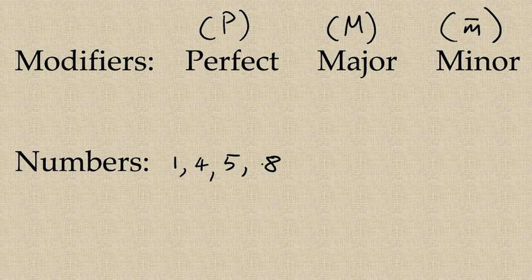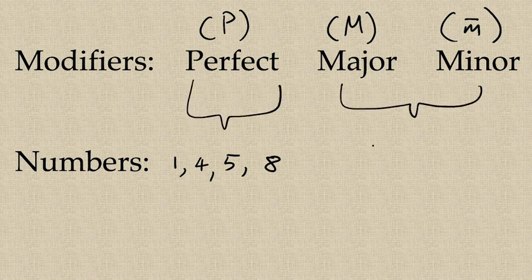You will hear perfect fourth. You wouldn't hear perfect third or perfect sixth. For the major and minor modifiers, we use them on the seconds, the thirds, the sixths, and the sevenths.